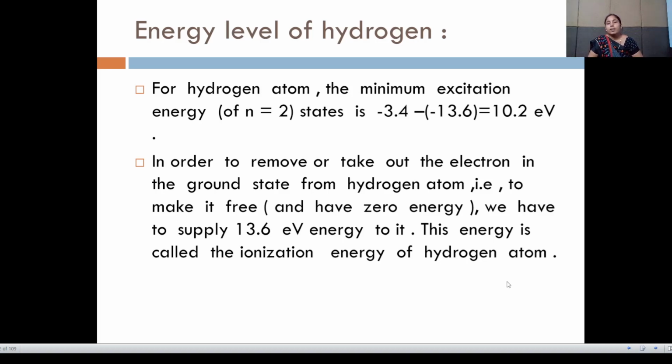That means we have to remove an electron from the lowermost ground state and to make it free, we have to supply 13.6 electron volt energy to it.